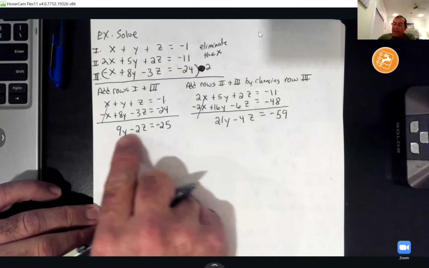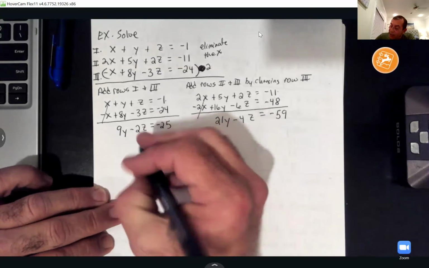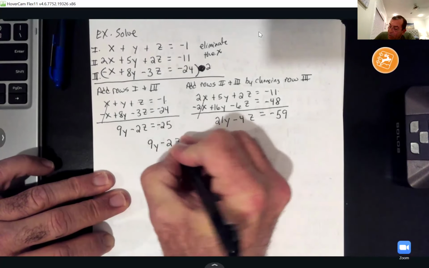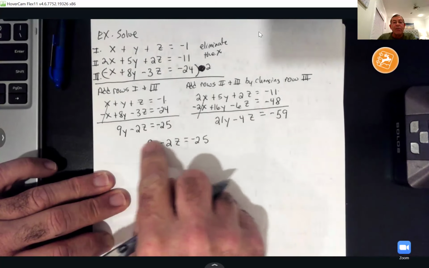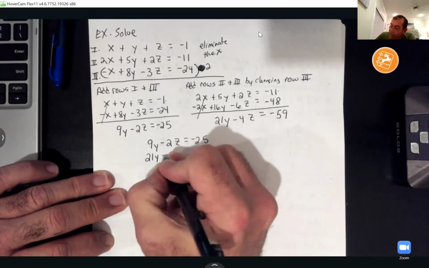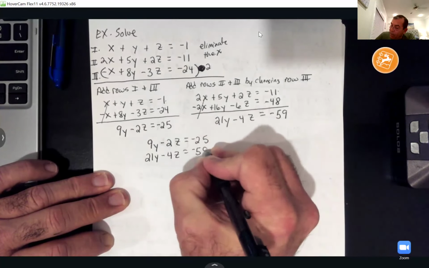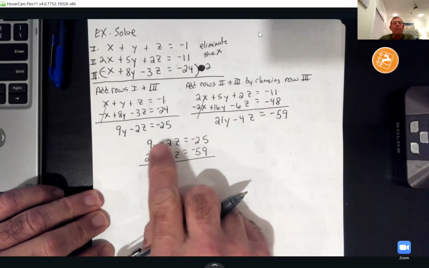But y'all look, I got y's and z's here. I got y and z here. So these two equations now we can write together as a 2x3 system. So now we got a 2-variable system.